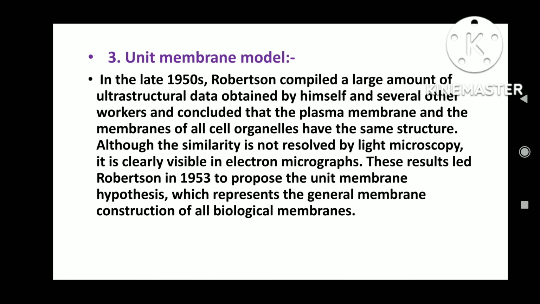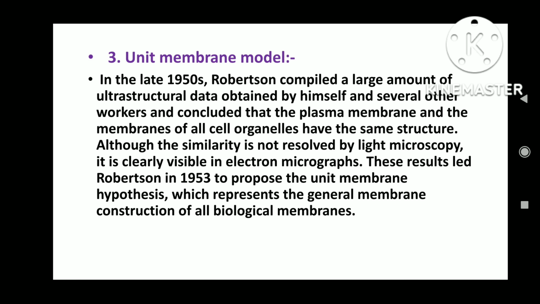Although the similarity is not resolved by light microscopy, it is clearly seen in electron micrographs. This conclusion led Robertson in 1953 to propose the unit membrane hypothesis, according to which all biological membranes show generalized unit membrane construction.